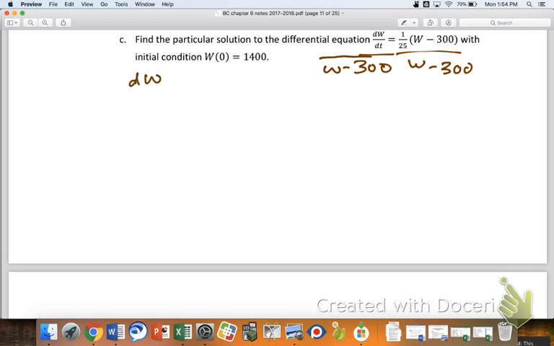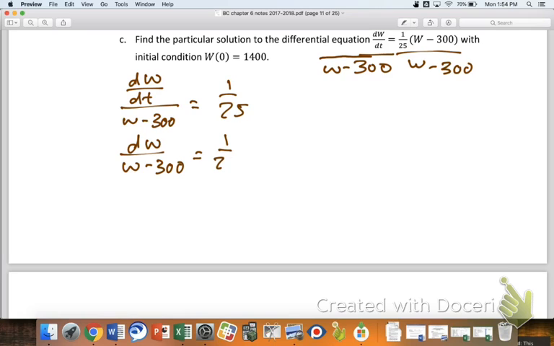That gives me dW/dt over W minus 300 equals 1/25th. And then I would multiply both sides by dt. That gives me dW over W minus 300 equals 1/25th dt. That would be my inclination.